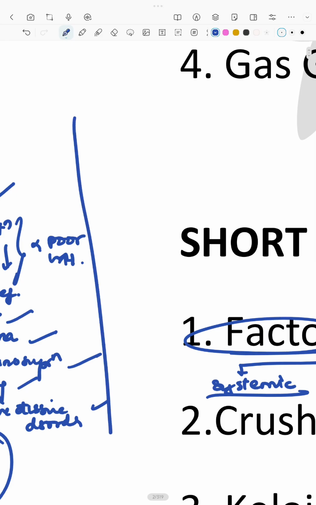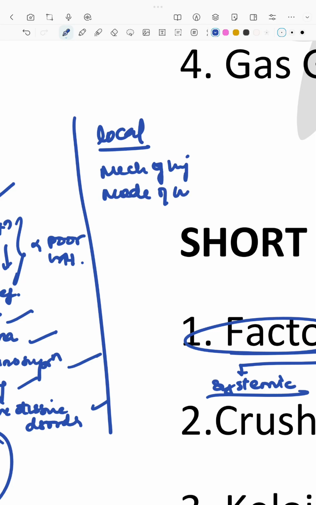Next are the local factors. The local factors include mechanism of injury, mode of injury, type of injury. Is there any ischemic or necrotic tissue?